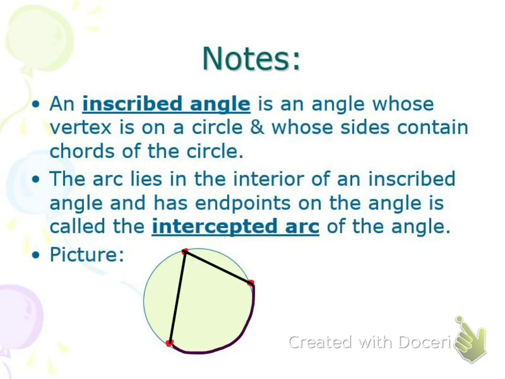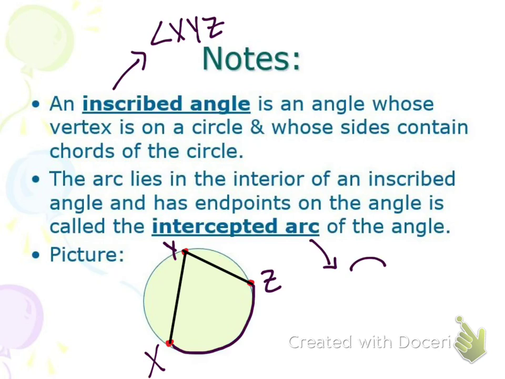So if we were to name these points X, Y, Z, the inscribed angle in my picture is angle XYZ. And the intercepted arc is going to be arc XZ. So we've got an inscribed angle that forms an intercepted arc.